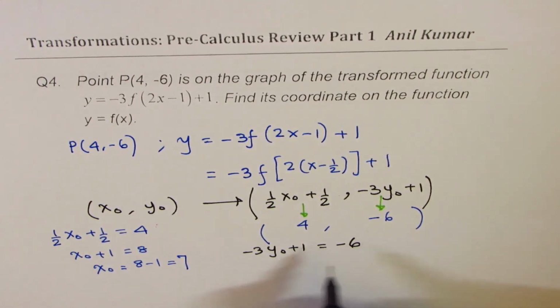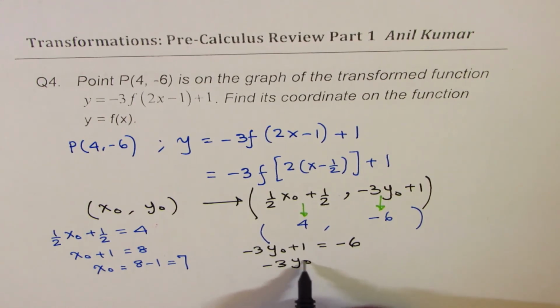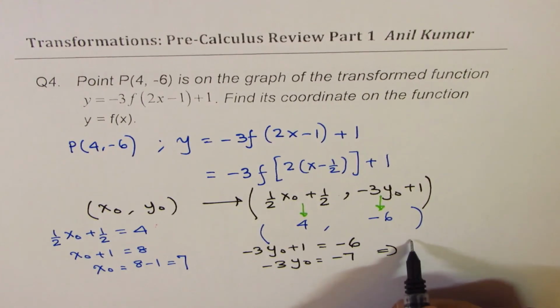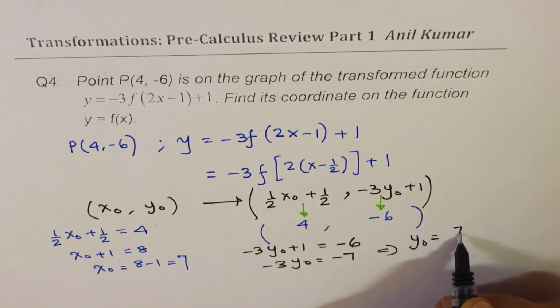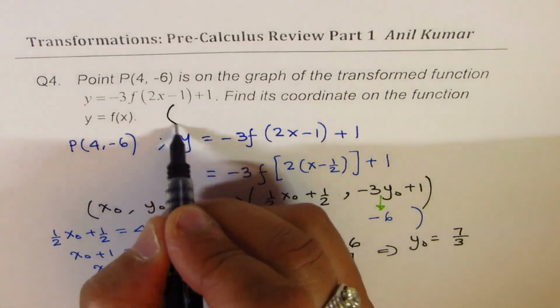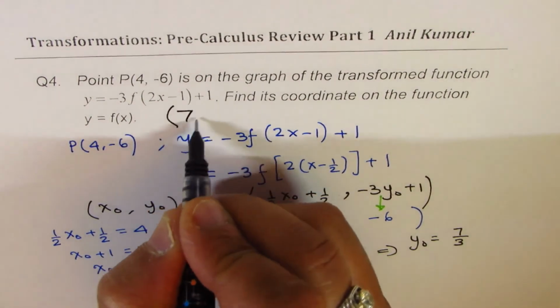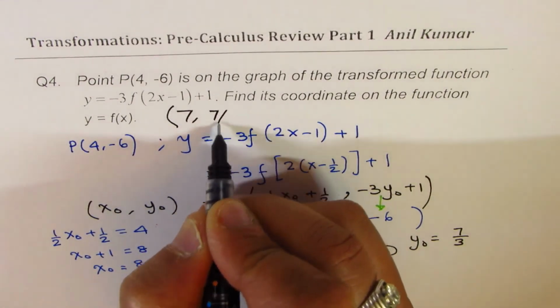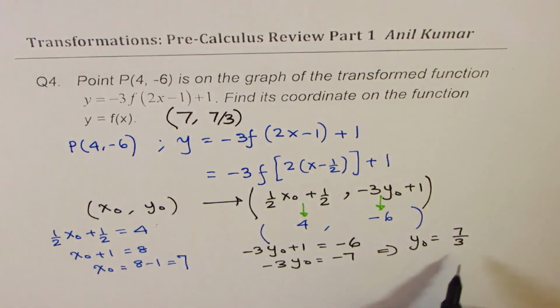Taking 1 to this side, we get minus 3 y0 equals minus 7. And this gives you that y0 equals 7 over 3. And therefore, on f of x, the point should be (7, 7 over 3). Correct? So that is our answer.